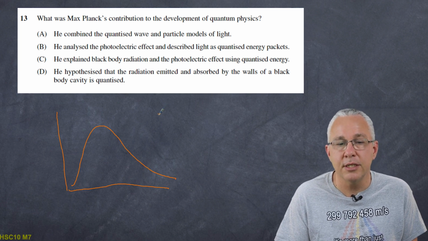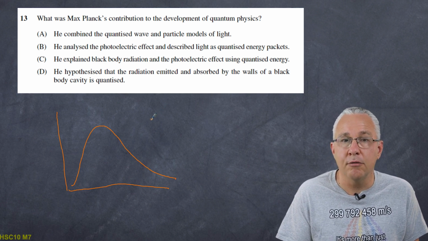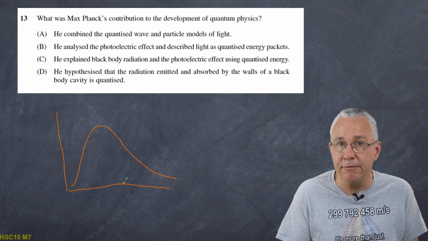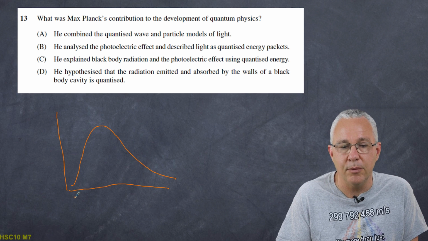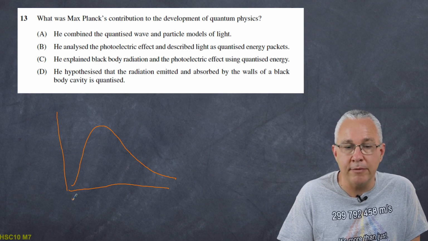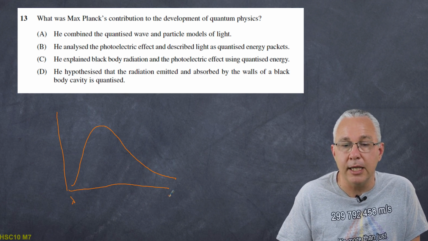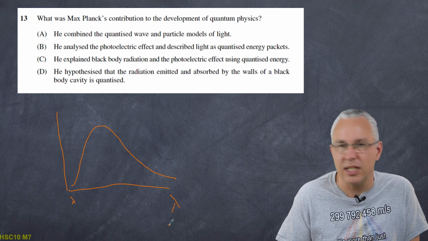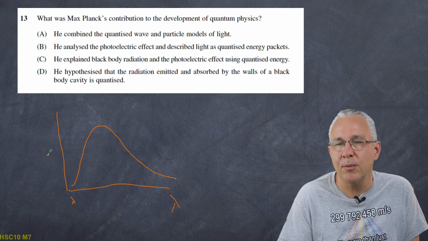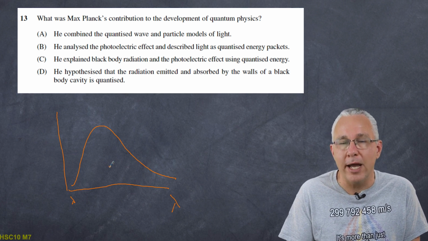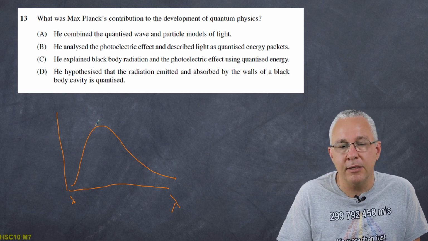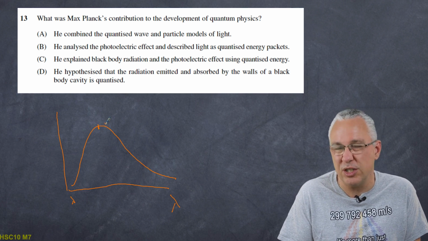It tells us the distribution of the intensities per wavelength across the whole range of wavelengths. You'll start here with a small wavelength and large wavelengths on the other side. That's the way I draw it. On the side we have spectral radiance, which is the intensity per wavelength or per meter. And the peak here is determined by the temperature, which is Wien's law.